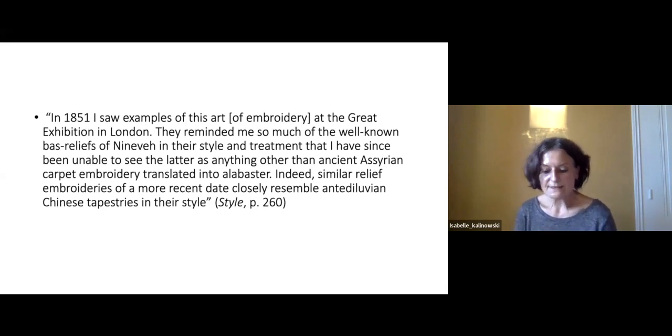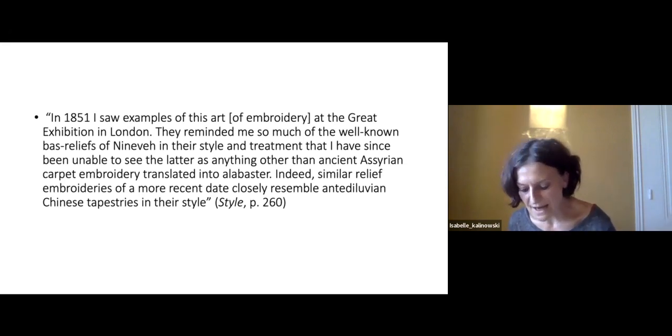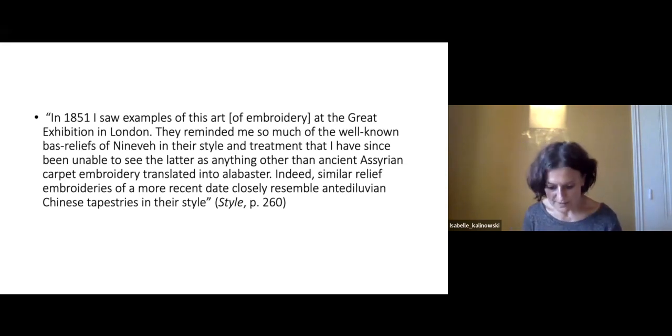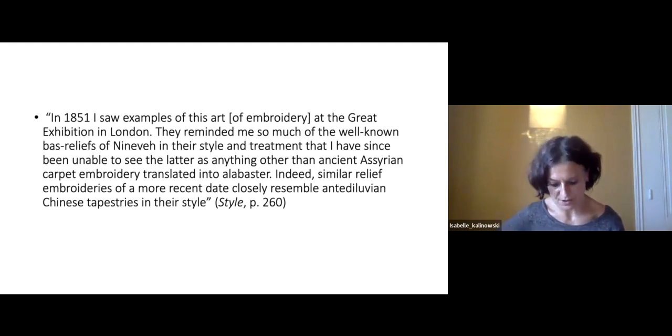This text demonstrates very explicitly that Semper's conception of genealogy is not historical in a literal sense. He thinks not in terms of linear or evolutionist succession.